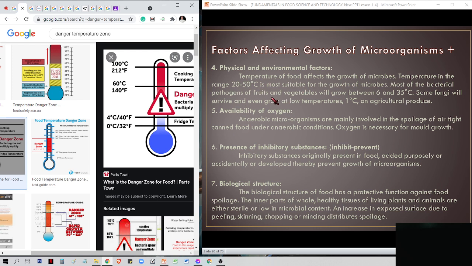So, as you can see here, temperature of food affects the growth of microbes. Temperature in the range of 20 to 50 degrees Celsius is most notable for the growth of microbes.